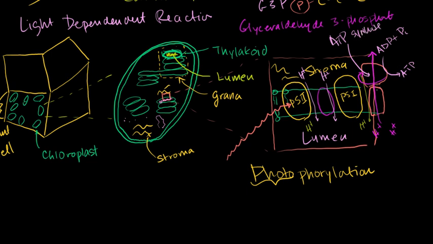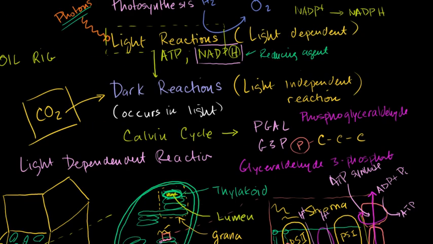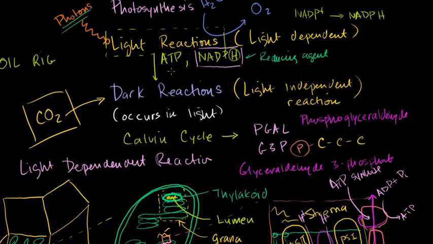Now, when I originally talked about the light reactions and the dark reactions, I said the light reactions have two byproducts: ATP and NAD. Actually, it has three. It has ATP, and it also has NADPH. NADP is reduced. It gains these electrons and these hydrogens. So where does that show up?